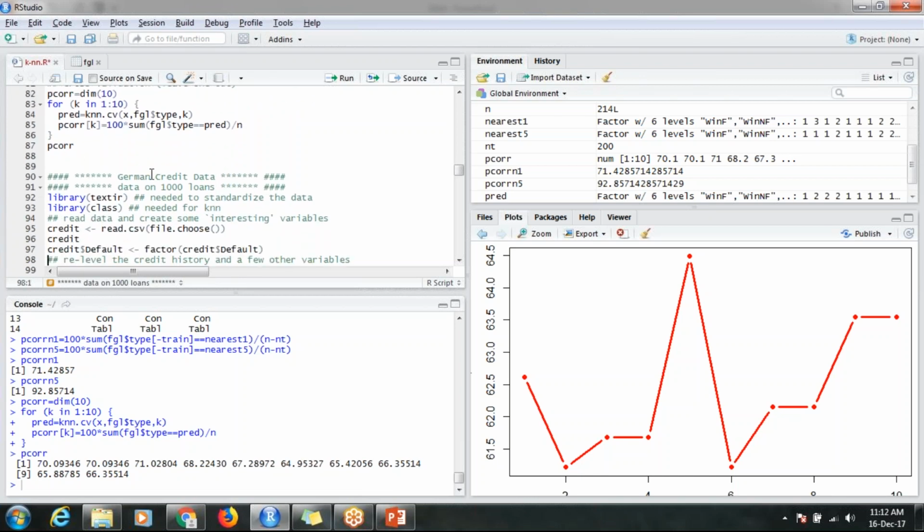One more data set that we will look at is German credit data. This is the data set that we worked with yesterday or the day before, if you remember, on logistic regression. We used that German data set, German credit risk. Now we will use that data set again, try to do it with KNN, and try to understand how it works.